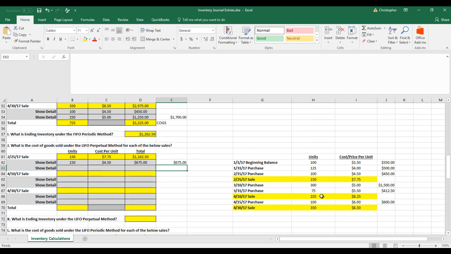Now we need 225 units for the 410 sale. We're selling them at $8.25 per unit. So now at 410, we started on this 215 layer. We didn't quite close it out. But now on 410, we have a different last layer. Now our last layer is the 331 purchase. So we're going to start there. 75 units at $5.50.